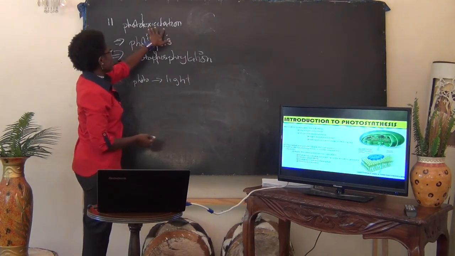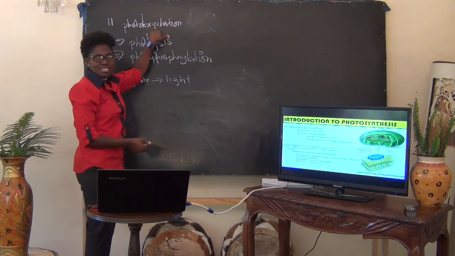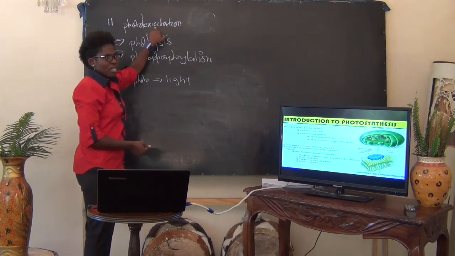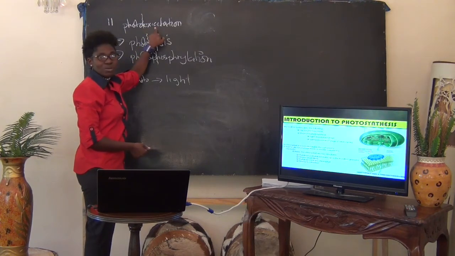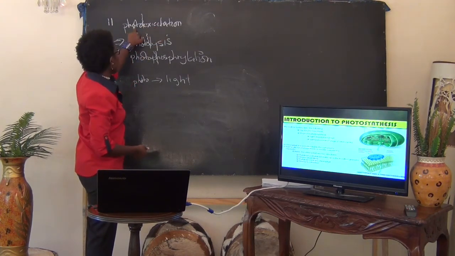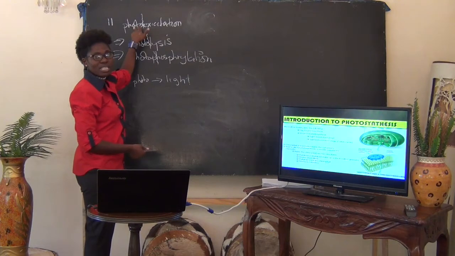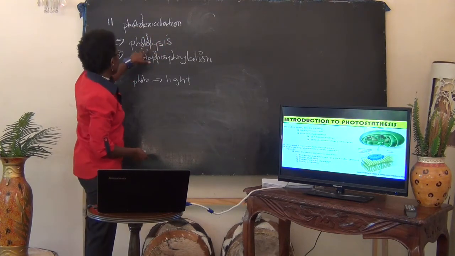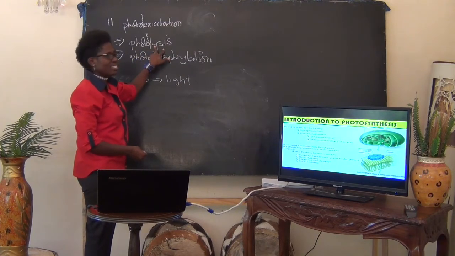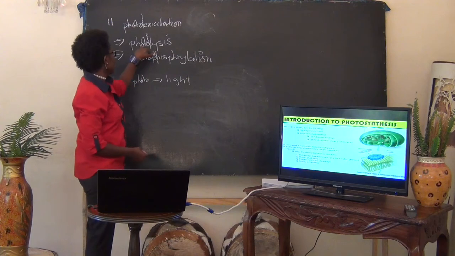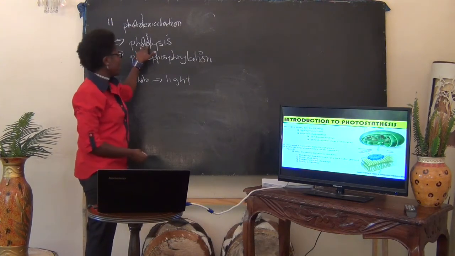So photoexcitation, in other words, we're saying that this is a movement or gain in terms of your kinetic energy that comes about as a result of light coming in contact with a certain object. And then photolysis, photo still is talking about light, and lysis is death, destruction. So this is the destruction that happens to a certain molecule due to exposure to light.